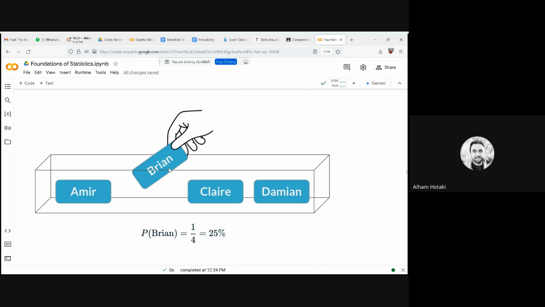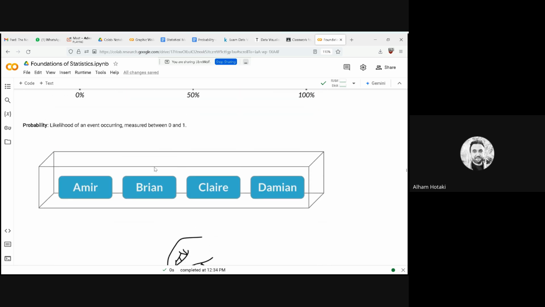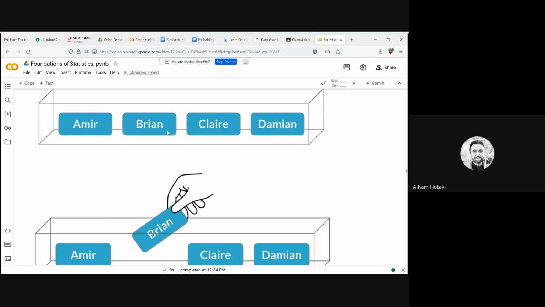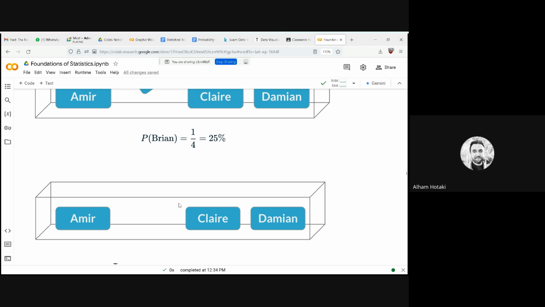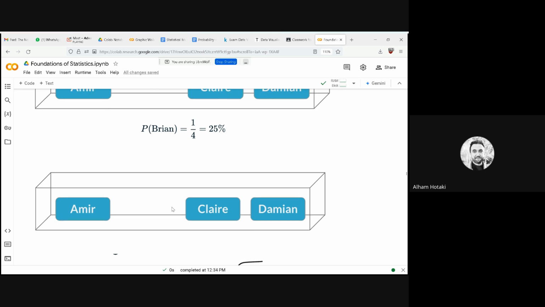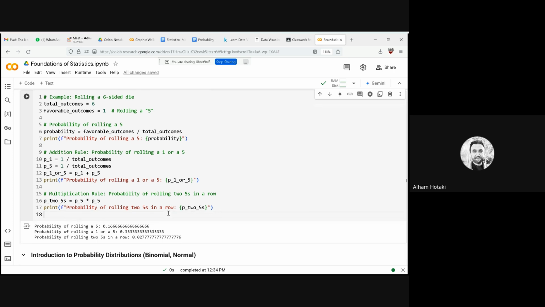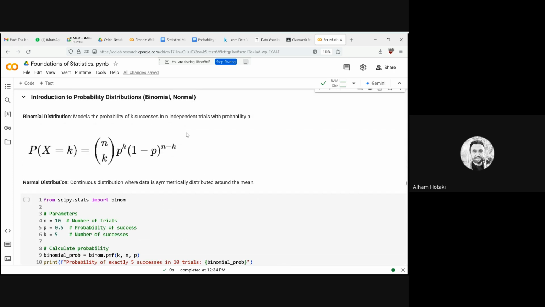That's called dependent events. Independent events means the outcome of the first event is not affecting the outcome of the second event. So it's actually sampling with replacement. So now you have the understanding of what an independent event and what a dependent event is.